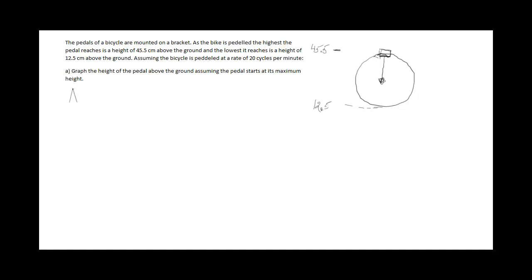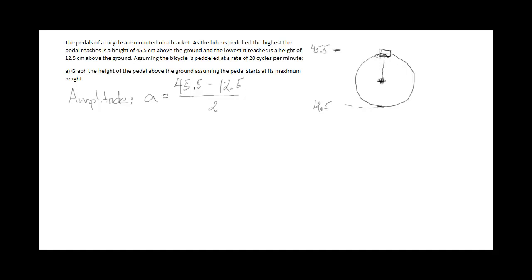We need the amplitude. The amplitude is always the distance from the middle to the highest or lowest points. If you have the highest and lowest points, the easiest way to get that, and this will also be our A value, is to take the highest point minus the lowest point and divide by 2.